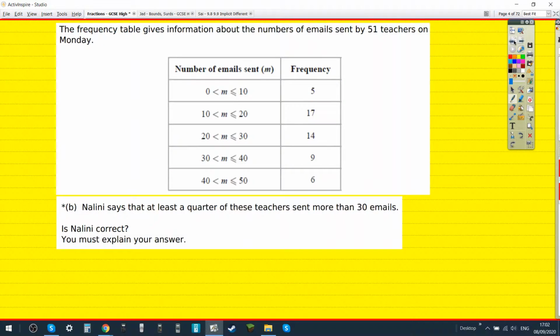That's it. Well done. Okay, how about this? The frequency table.